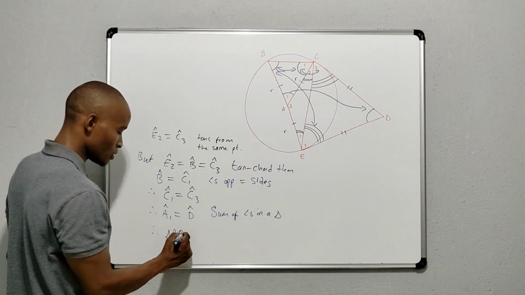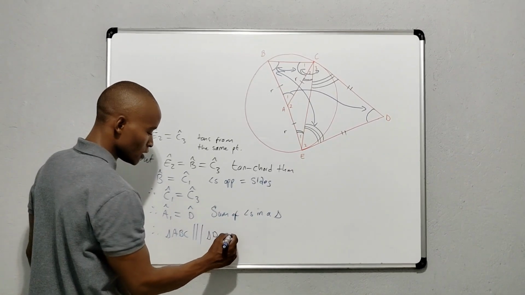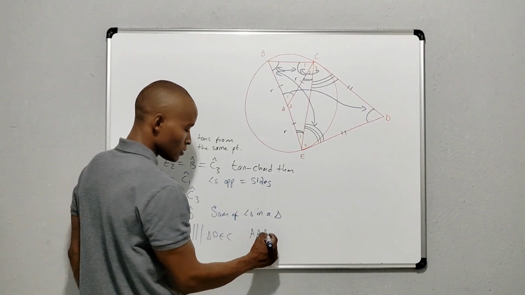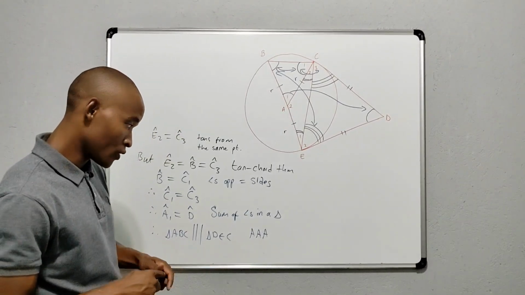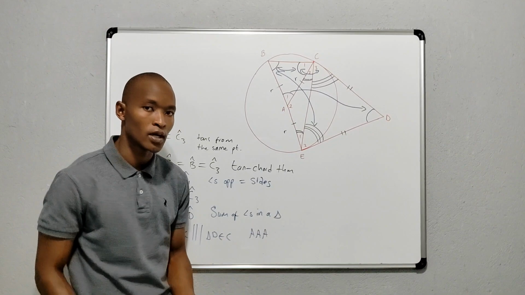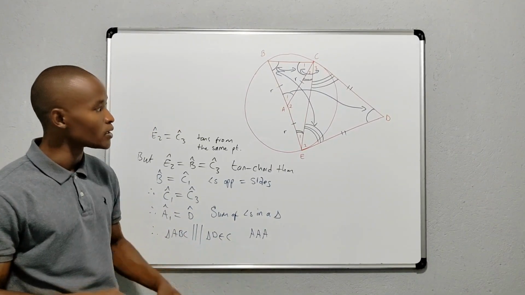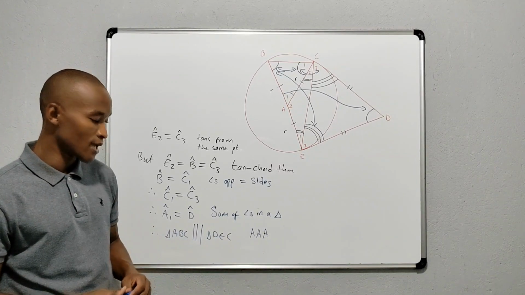Triangle ABC is indeed similar to triangle DEC, by angle condition of similarity. Or you can simply write equiangular triangles. That is also equivalent to writing this. So this takes care of question A.